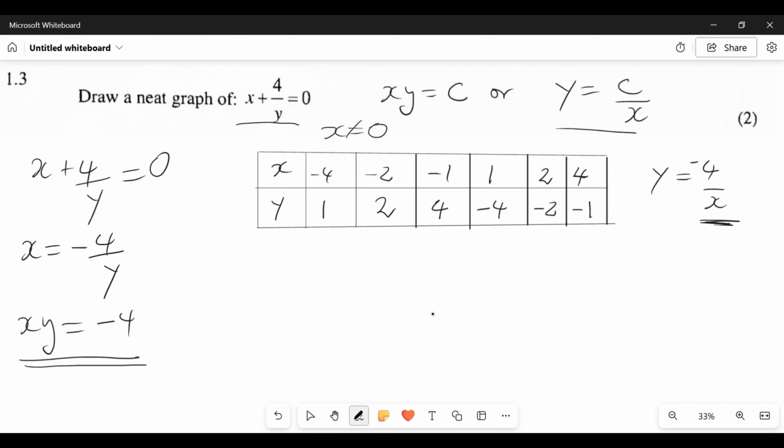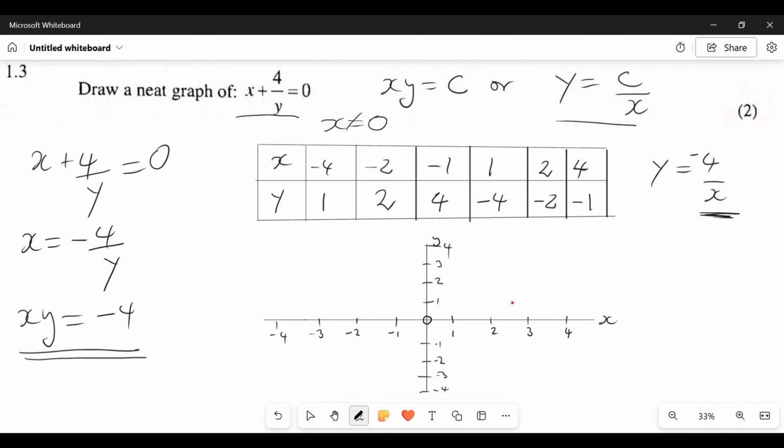So I am going to draw the Cartesian plane, and then we plot our graph. Right, guys, here is our Cartesian plane. Let's look at the points. Let's start with the first point: when x is negative 4, y is going to be 1.